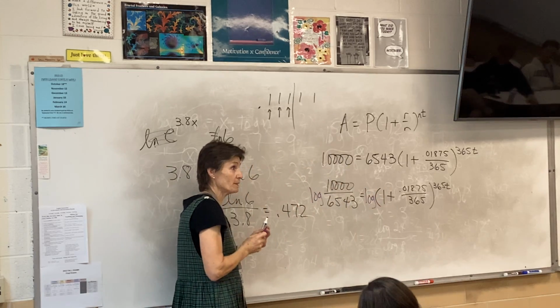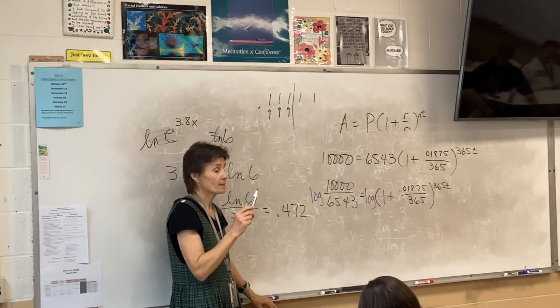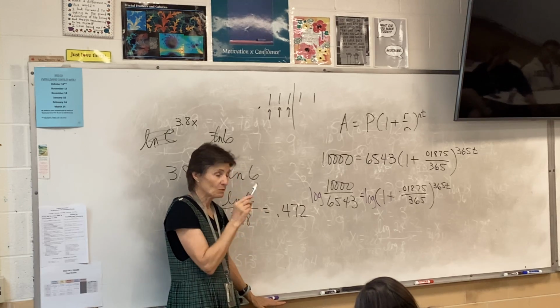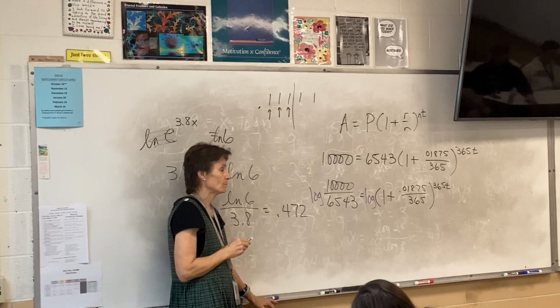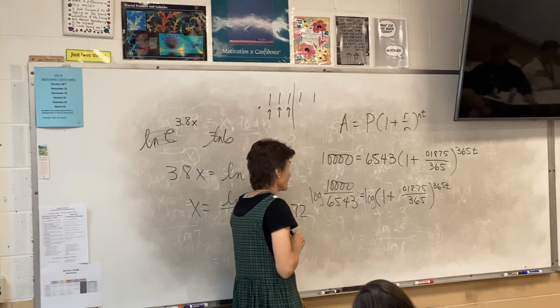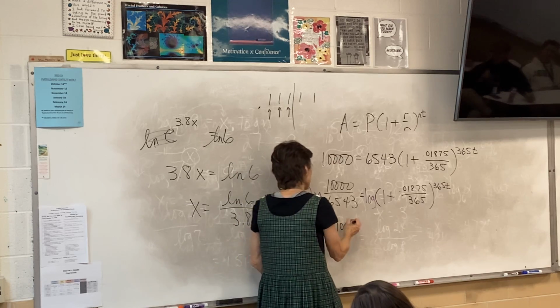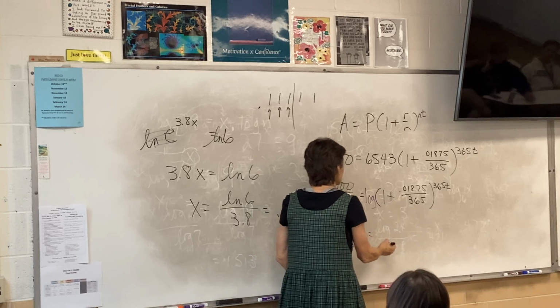You could, if you wanted to, use ln, but there's no benefit to it, because since there's no e in the problem, nothing's going to cancel. But if you want to use ln, it works just the same as log. Now, here's the deal, kids. Please don't be afraid of the numbers. This problem is a mess.